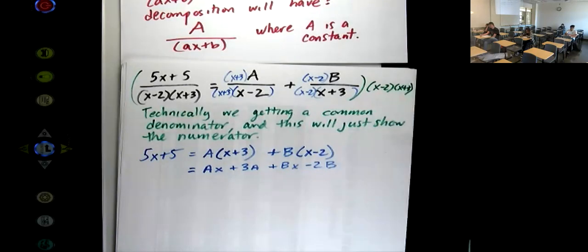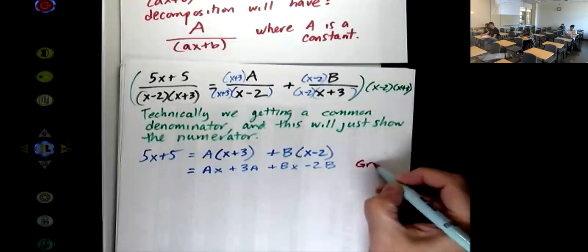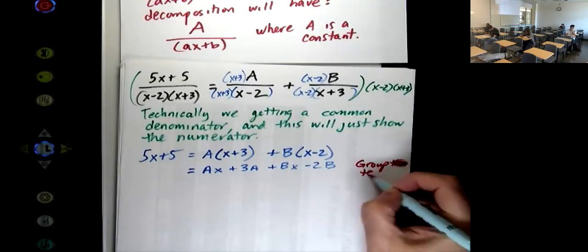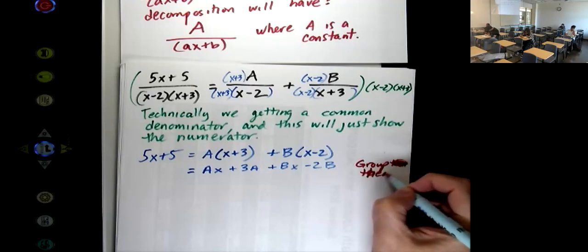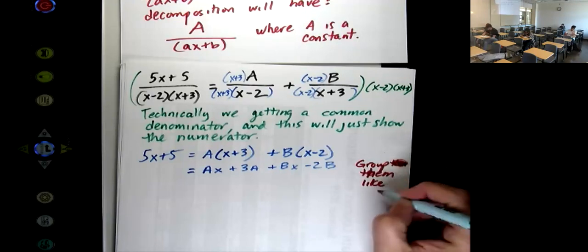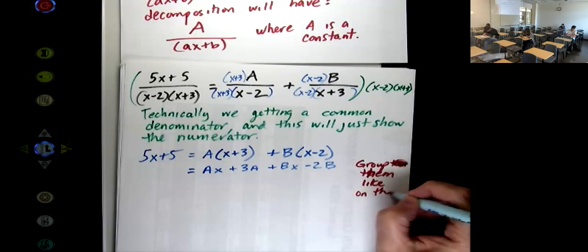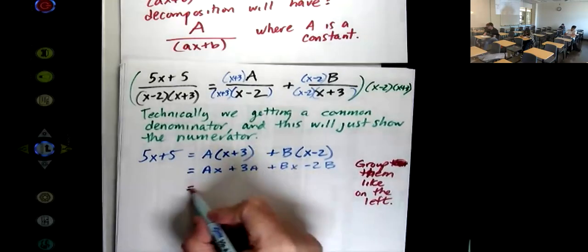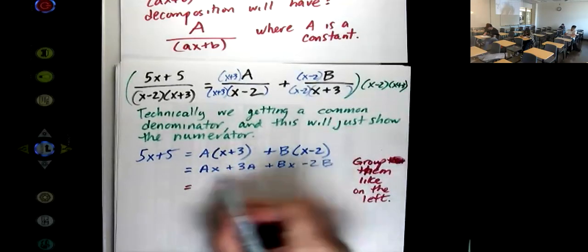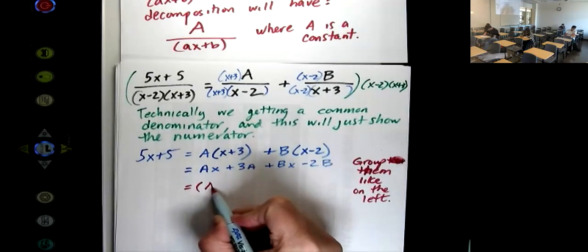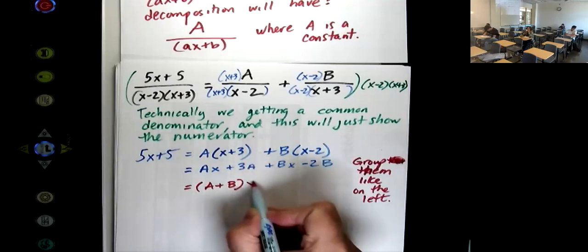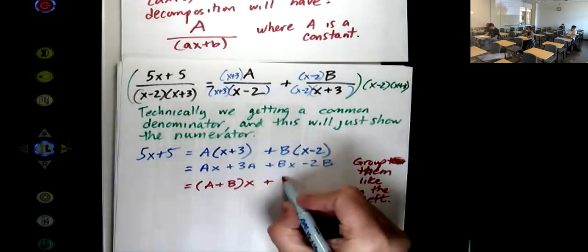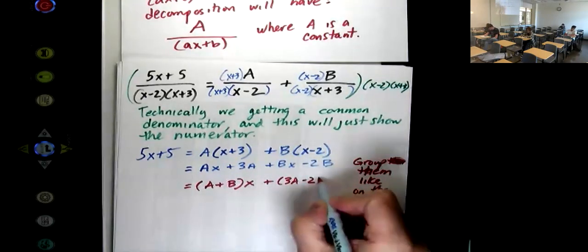Now, group them like they are on the left. What I mean by that is put the x's together. If I put the x's together, I have a plus b times x. And I have plus 3a minus 2b.